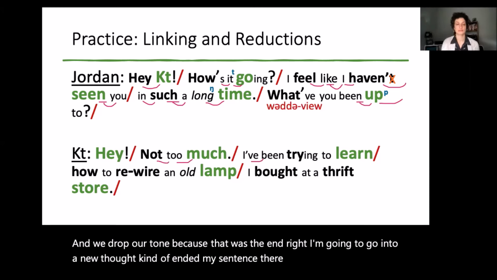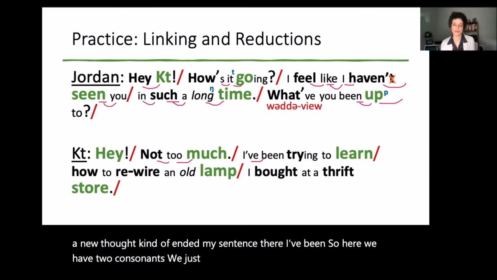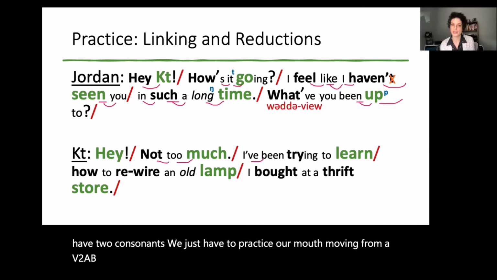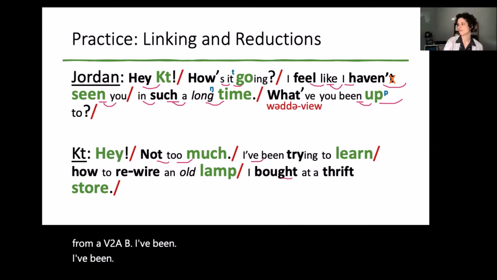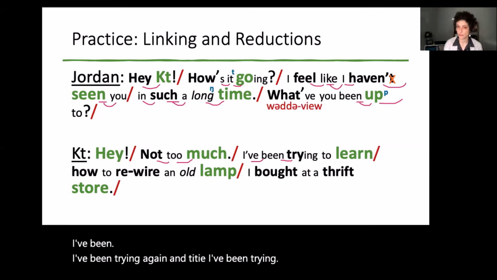I've been. So here we have two consonants. We just have to practice our mouth moving from a V to a B. I've been. I've been trying, again, N to T. I've been trying. Been trying.